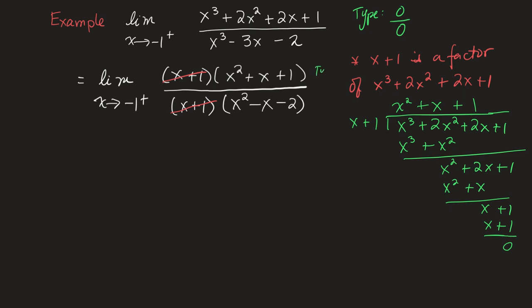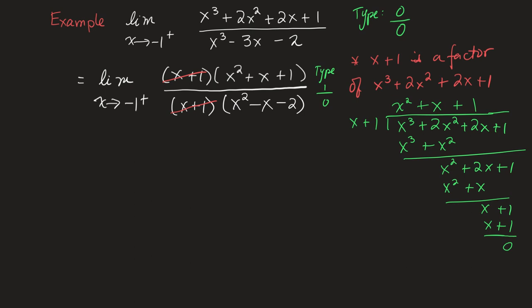So now I get type 1 over 0, when I plug in -1 on the denominator. So I'm expecting this to tend to plus or minus infinity, just as we discussed in class. I just need to figure out the sign.